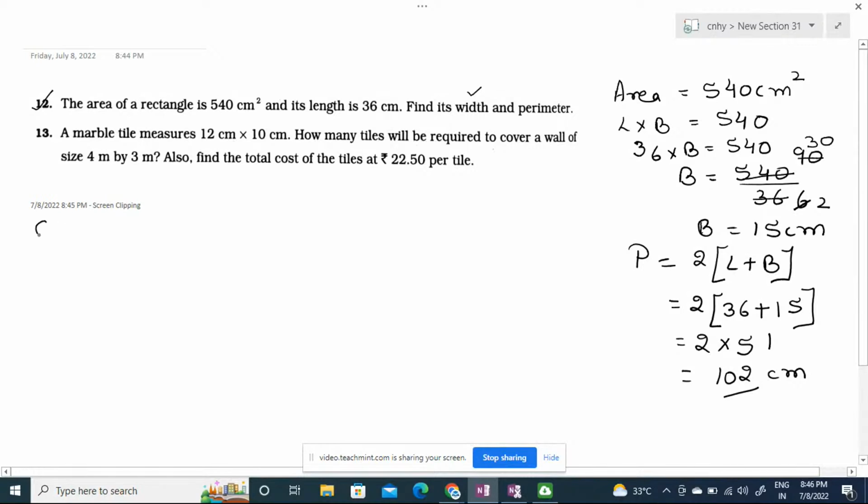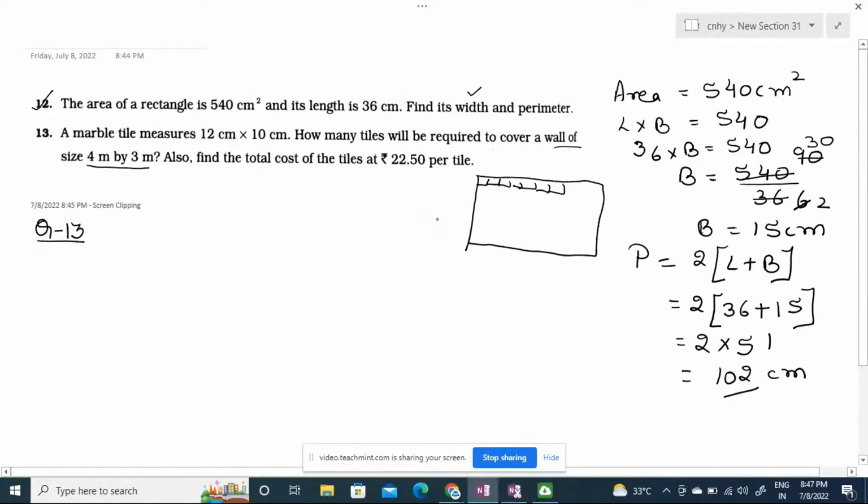Now question number 13. How many marble tiles will be required to cover a wall? For example, there is a wall and all over the wall we have to put the tiles, and I have to calculate that. The wall is of size 4 meter and 3 meter.